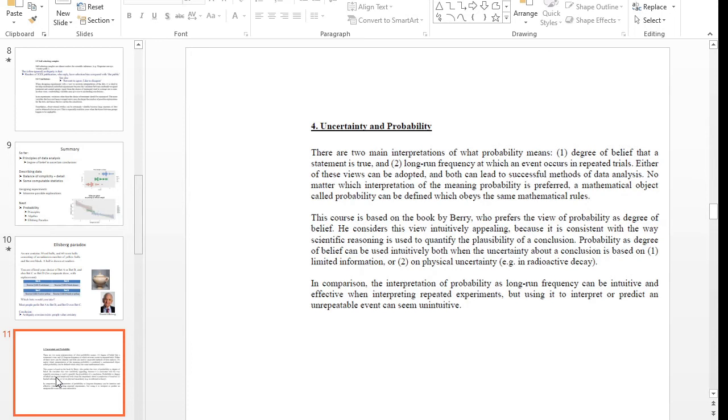First, probability might mean a degree of belief that some statement is true. Jumping ahead, I might say that my degree of belief that somebody's birthday is tomorrow, someone I haven't met before, I might give it a probability of 1 in 365. That's an example of degree of belief probability.